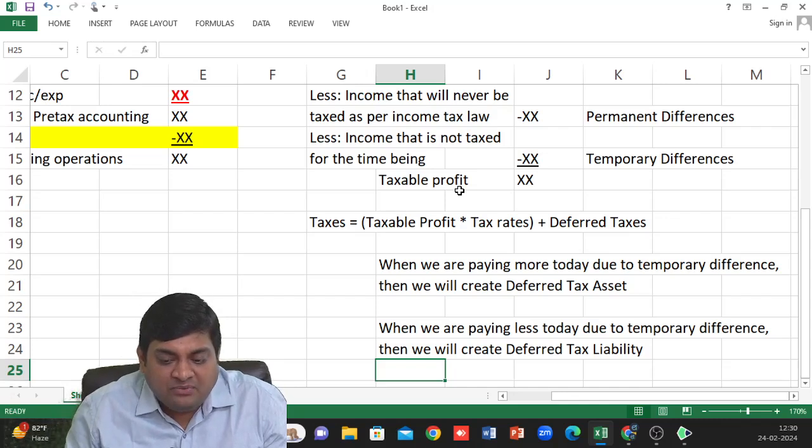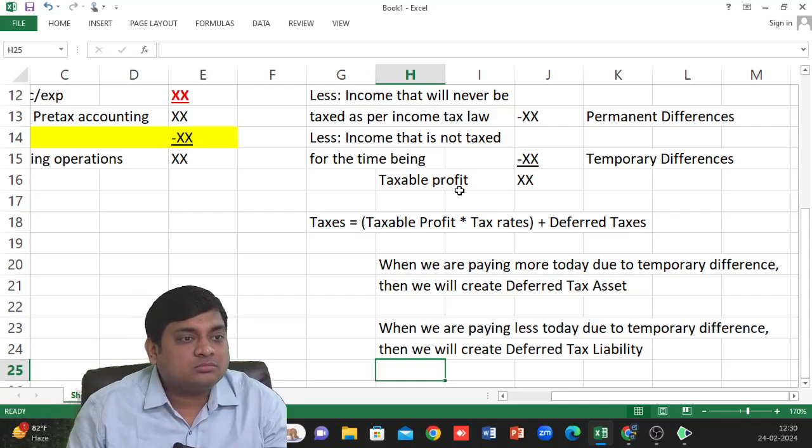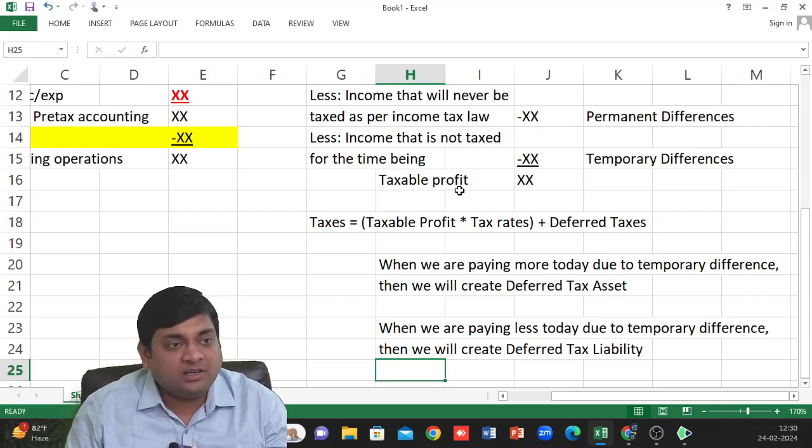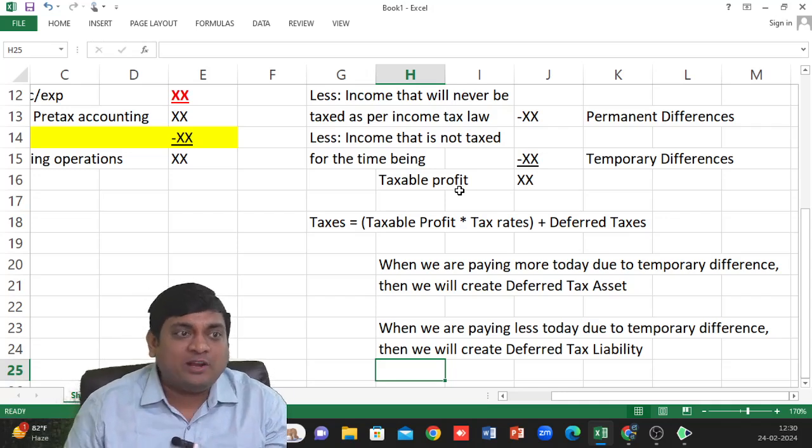So permanent differences are those that will come in either of the books. Either it is pre-tax accounting profit or taxable profit, not included in both, today or tomorrow.